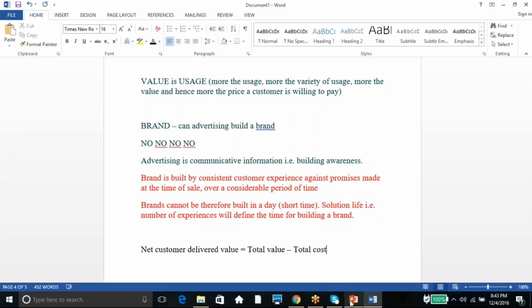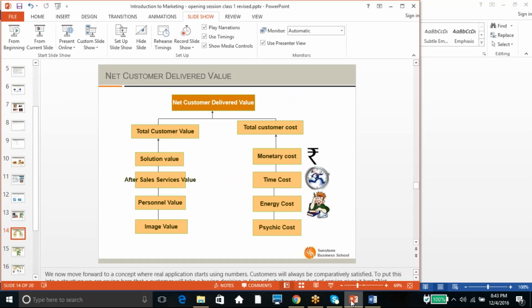So, simple mathematics: put together all the values, minus all the costs, and you get the net customer delivered value. The more net customer delivered value is available with respect to the competitor, the more scope to increase the price and generate more margin.